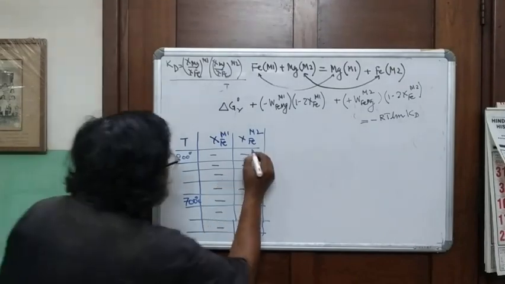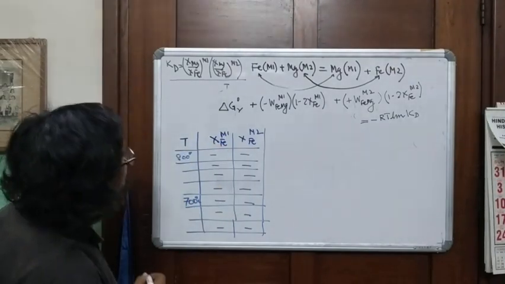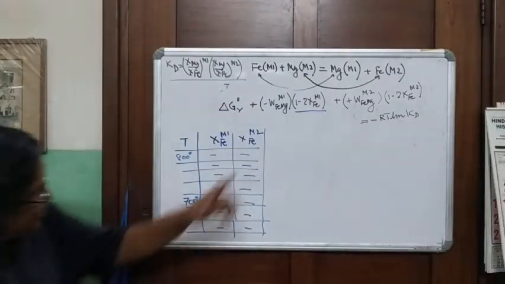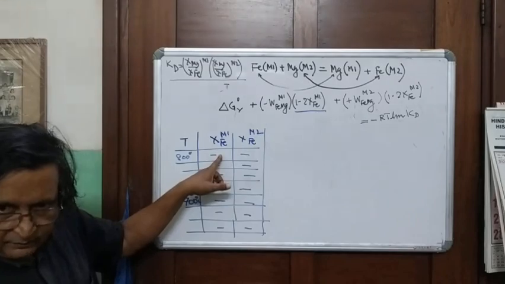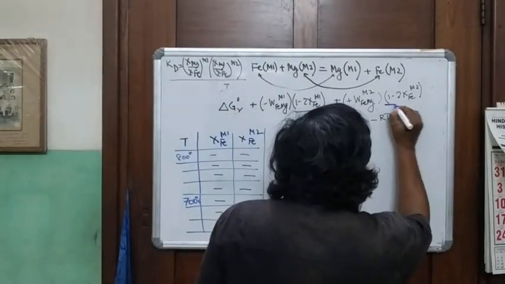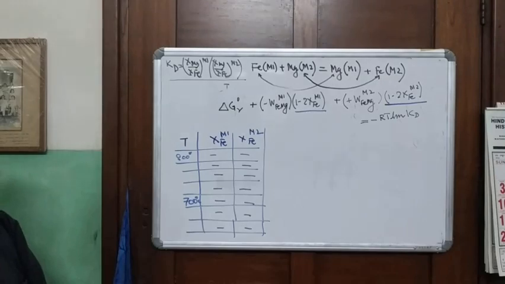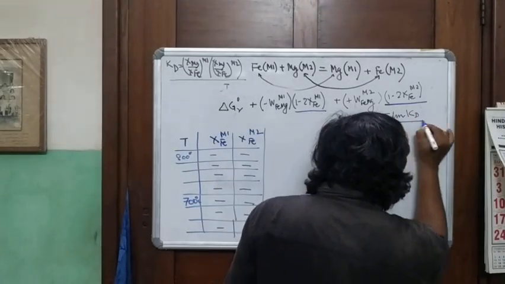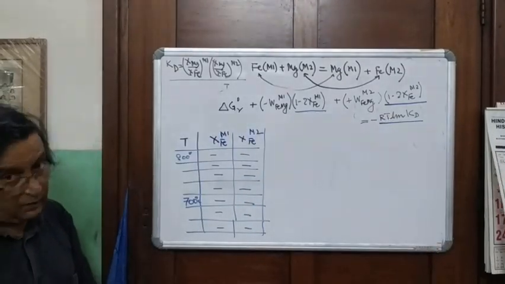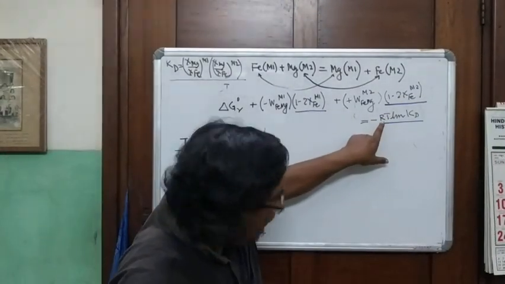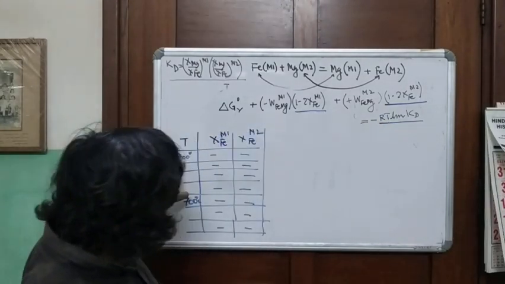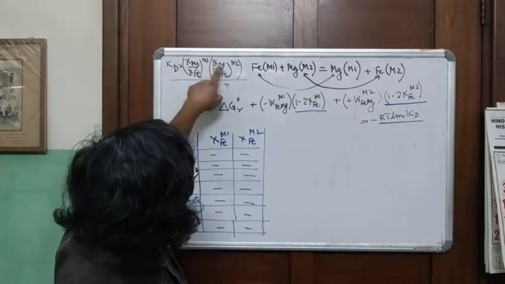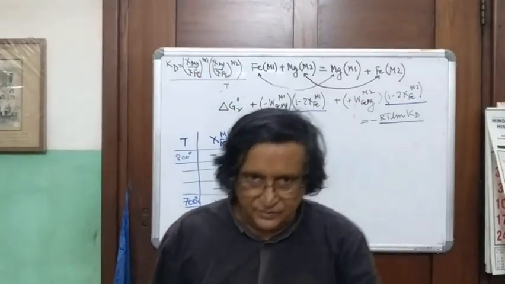So, at a particular temperature, this is determinable. This we can find out from the experimental data, and this one we can find out from the experimental data. Why? Because you know the value of R, you know the value of T at 800 degrees centigrade, and you have the values of XFE M1 and XFE M2.